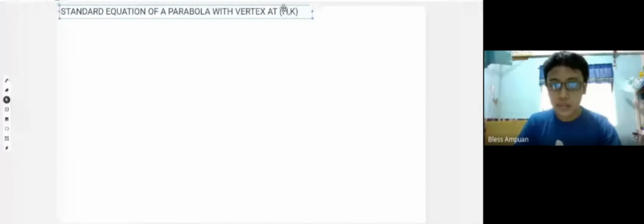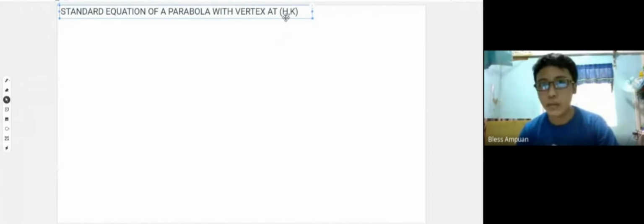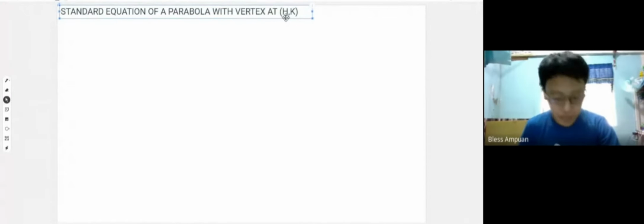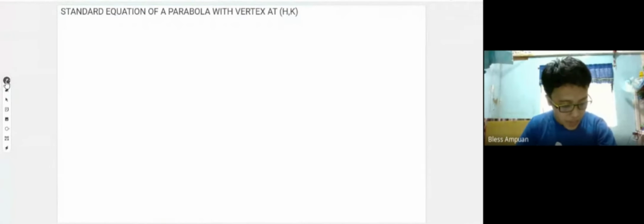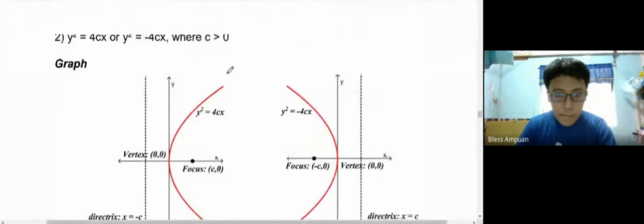Here are some techniques so you can identify which way your parabola opens if you are given such an equation. This was already derived by someone. If your equation is in general form, let's recall our general form.